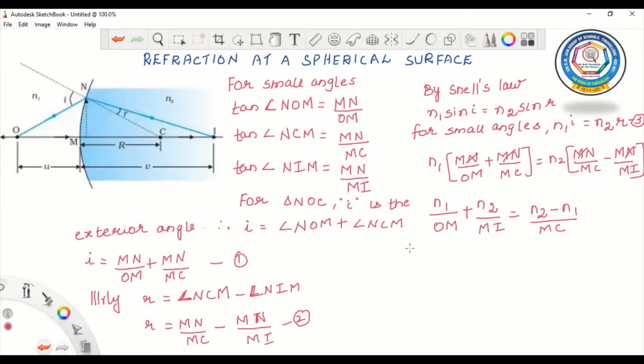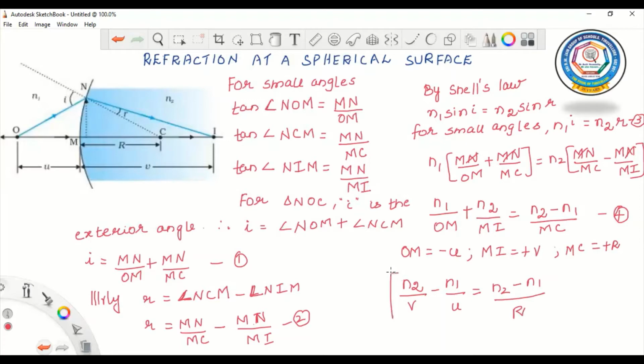By applying sign convention, OM is equal to minus U. And MI, which is the image distance, is equal to plus V. And MC is equal to the radius of curvature, plus R. So substitute it in the above equation, that is in the fourth equation, you will get N2 by V minus N1 by U is equal to N2 minus N1 divided by R.